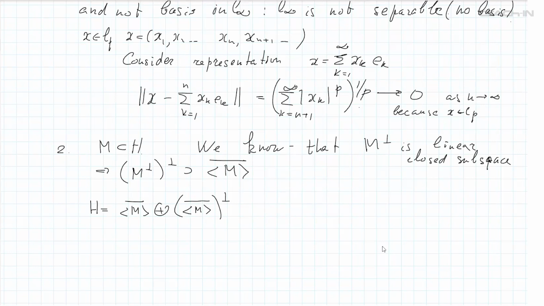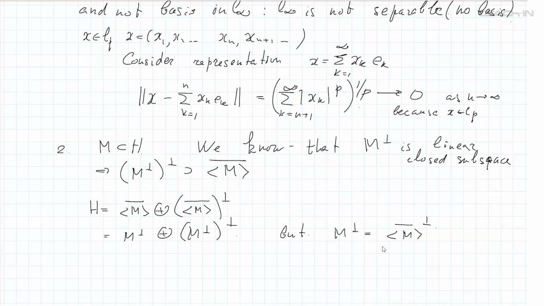What another representation can we obtain? And then from another, it is M orthogonal. We know it is a closed space, plus this. But M orthogonal coincides with this space.